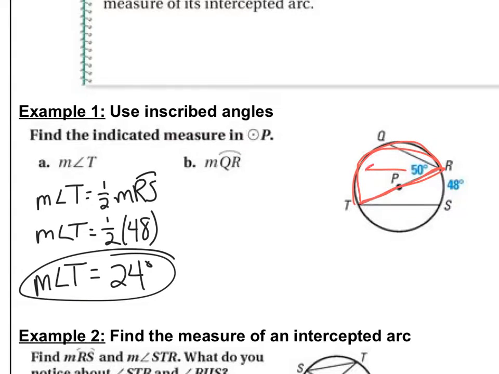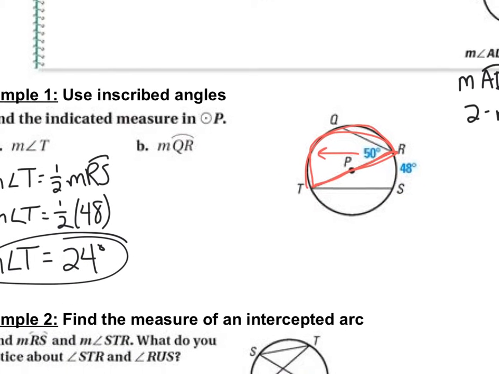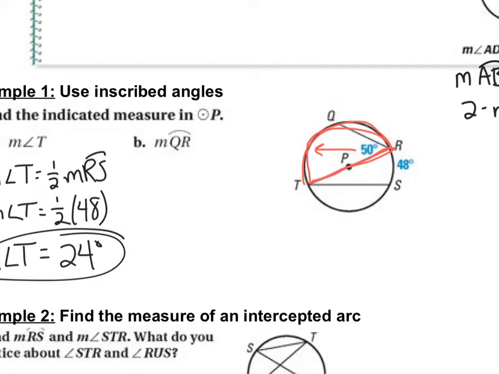This 50-degree inscribed angle will go with arc QT, and if we remember from our notes up here, to find an arc measure we double the inscribed angle measure. So arc QT is going to be 2 times 50, which is 100 degrees.